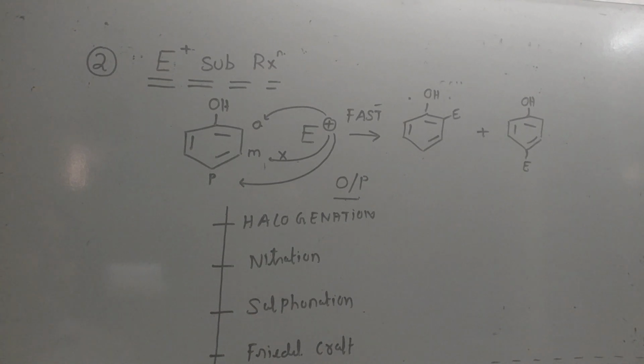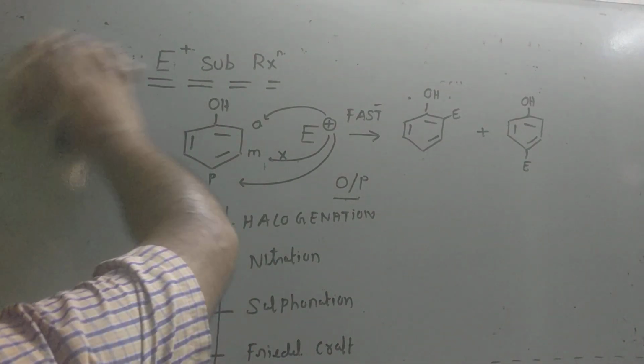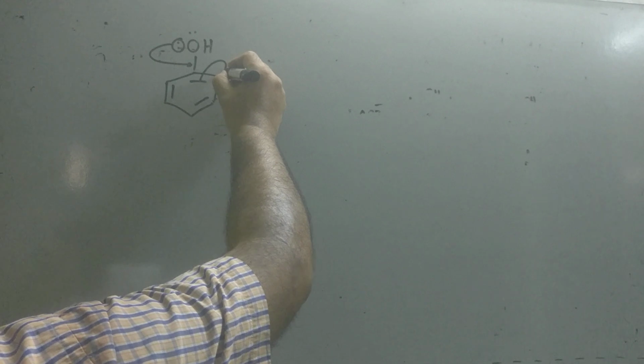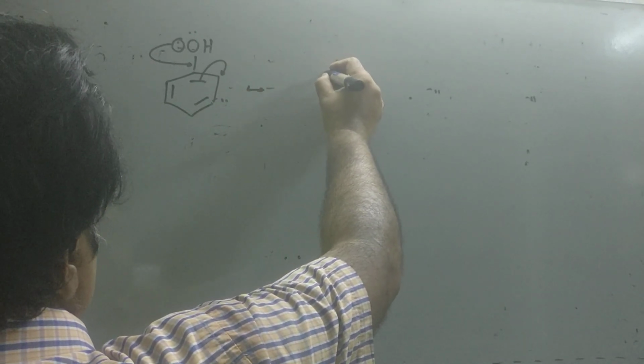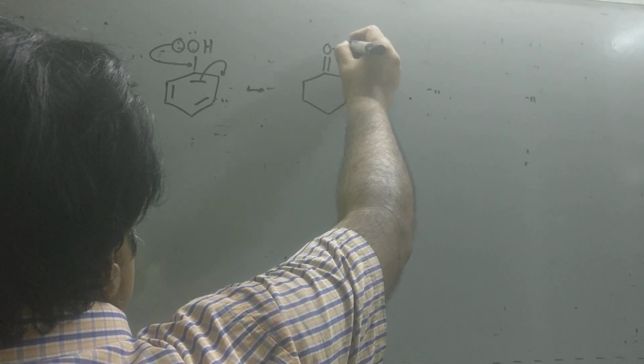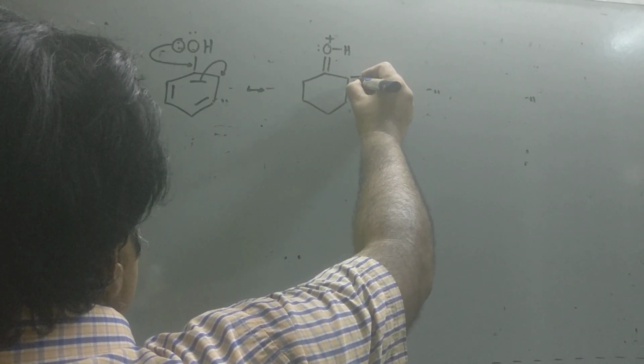For that we need to draw again the resonating structures of phenol. As we did in the last class, there are five structures. In phenol, the OH group shows plus R effect. It gives electron to the benzene ring due to resonance, as it has a lone pair of electrons. The lone pair becomes a bond pair, and the bond pair becomes a lone pair. So this is the second resonating structure. This becomes a double bond, and oxygen gets a formal positive charge, with a formal negative charge on the ring.